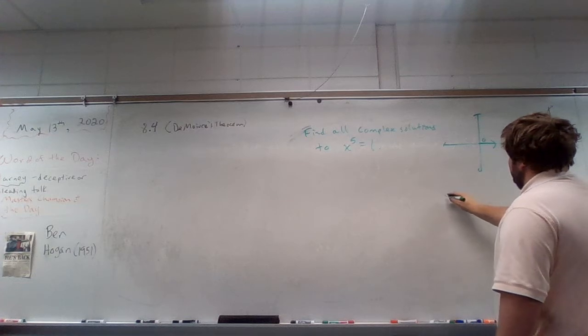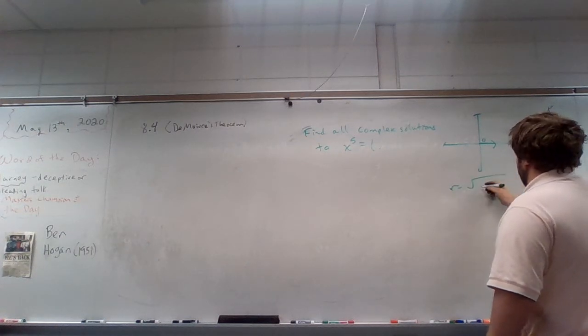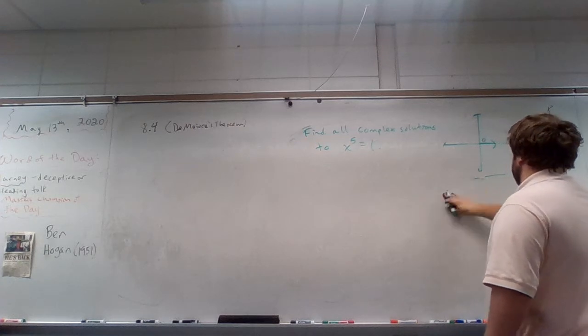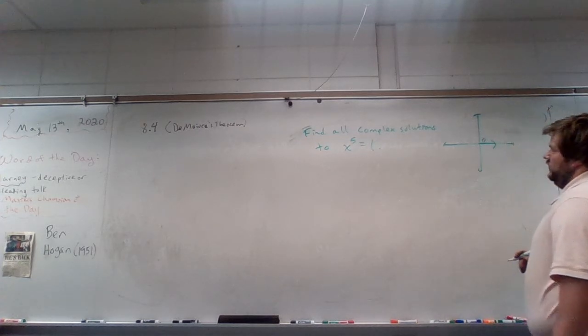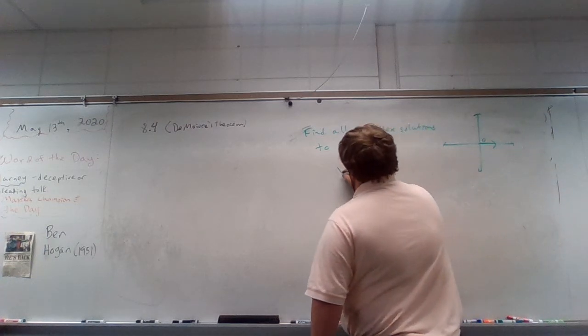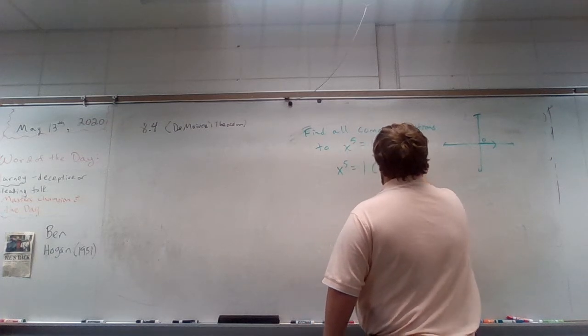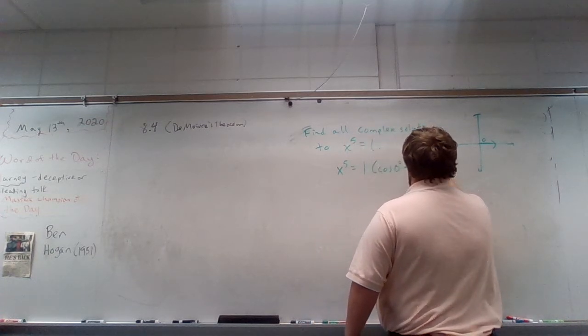And that means that r is 1. Let's write this out in polar form here. So this is 1 times cosine of 0 degrees plus i sine of 0 degrees.